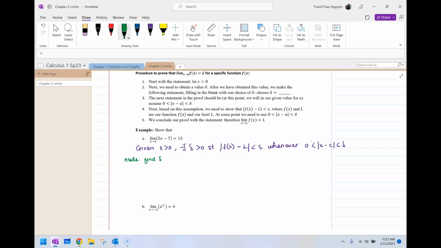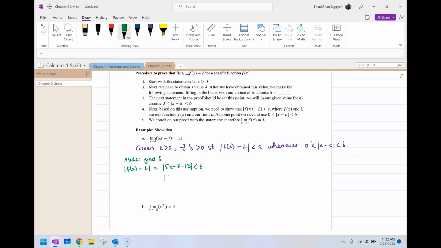So we will solve the inequality. |f(x) − L| = |5x − 7 − 13|, and we want this to be less than epsilon.